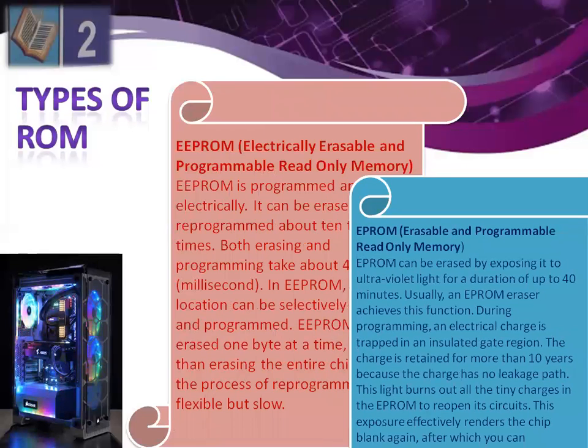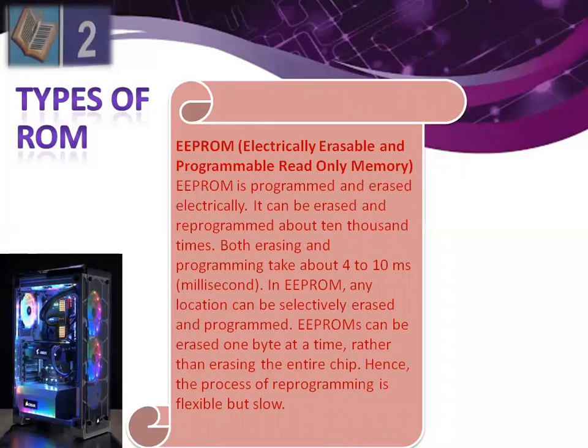So the next is EEPROM, electrically erasable and programmable read-only memory. EEPROM is a programmable read-only memory. EEPROM is programmed and erased electrically. It can be erased and reprogrammed about 10,000 times.